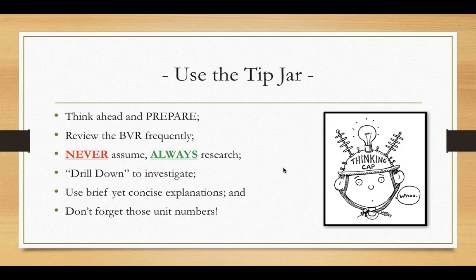One of the things we never want to do is we never want to assume. Never assume that a specific positive or negative variance is based off of a specific purchase. Really be smart about investigating your positive and negative variances. Be certain that you're drilling down to the very fundamental of that purchase.